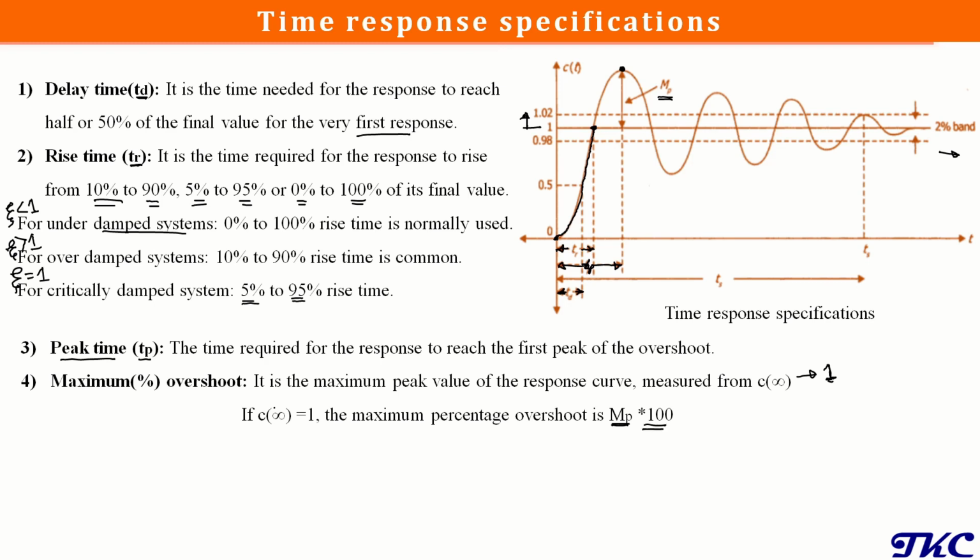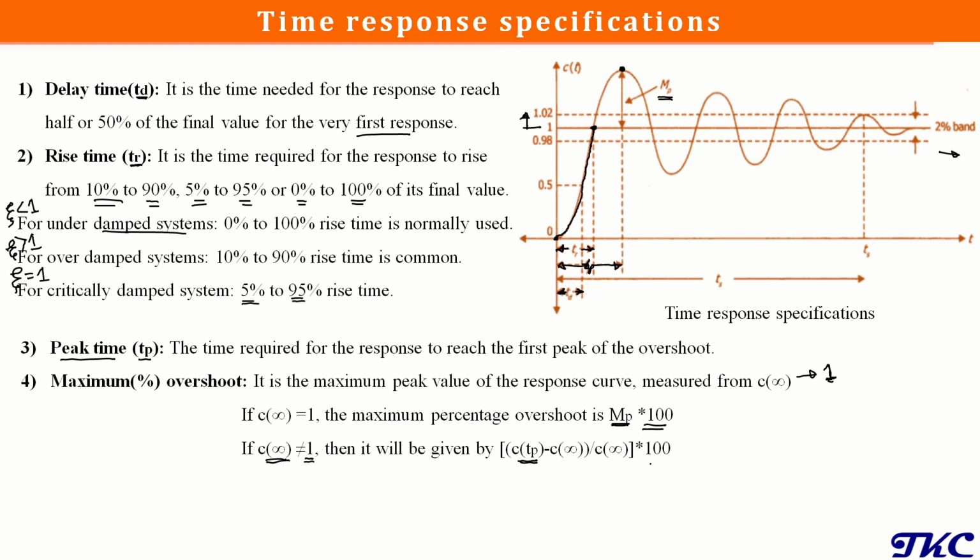But it may happen that the output does not reach the desired output because of various reasons, so we may have a certain range in which it will be. If the output is not equal to the desired output, we define the maximum percentage overshoot with this formula: C(TP), the output at peak time, minus the output at time infinity, divided by the output at infinity, times 100.